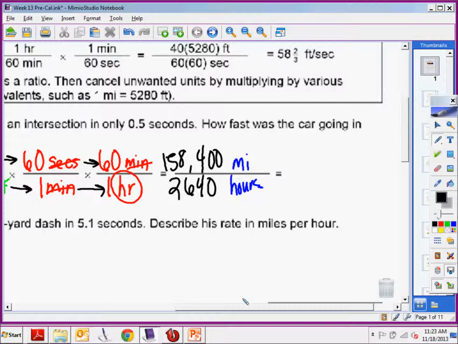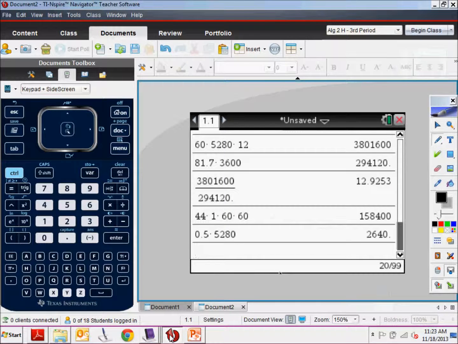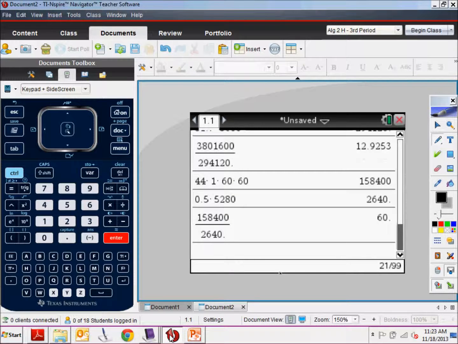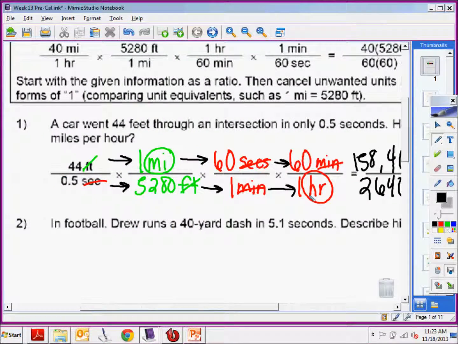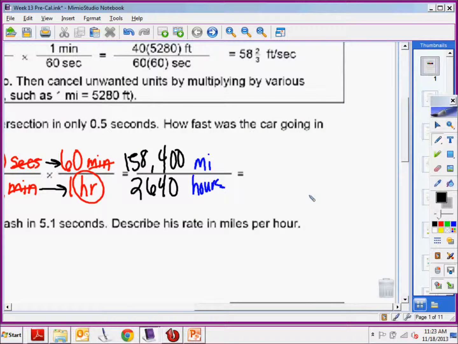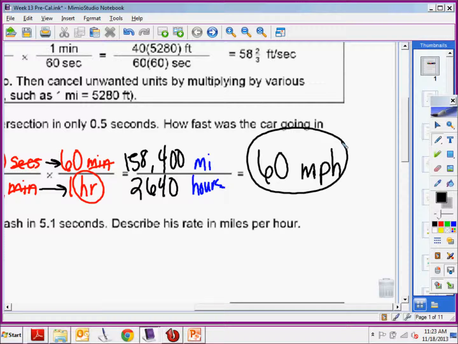I just want to know for 1 hour. So all I have to do is divide my numerator by my denominator, and I get 60. So therefore, this car was going 60 miles per hour.